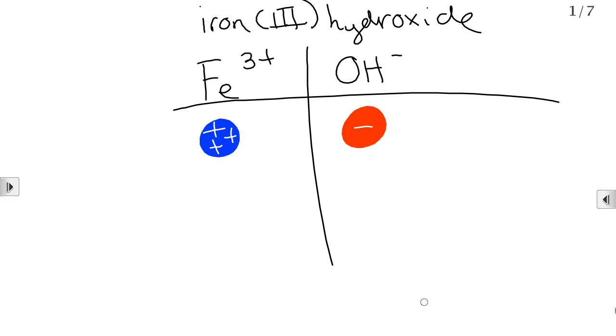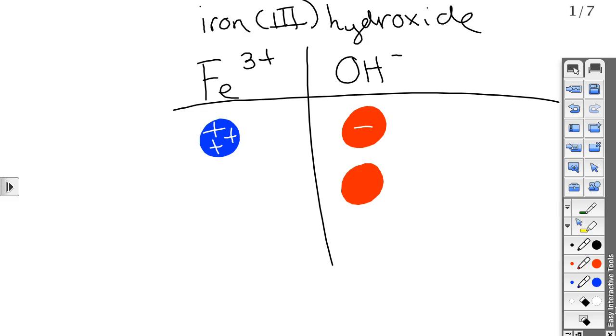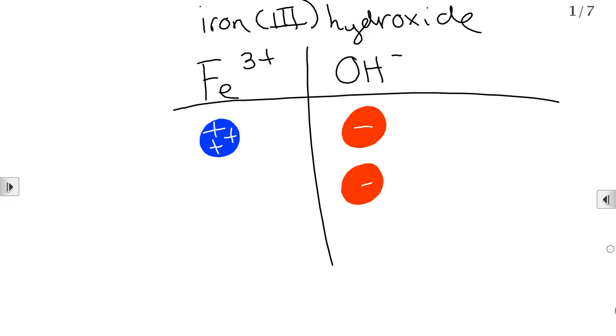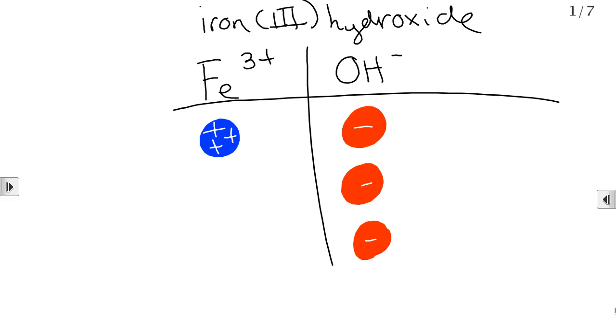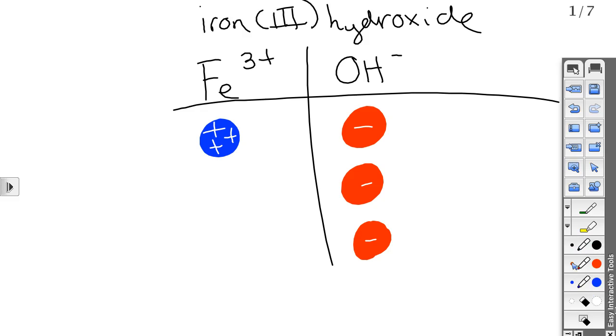Now, are my charges neutral? No. So, do I need more iron or do I need more hydroxide? So let's add another one and see where we are. Is that okay? No. So maybe one more, huh? How's that? Okay, so let's go ahead and write it out.